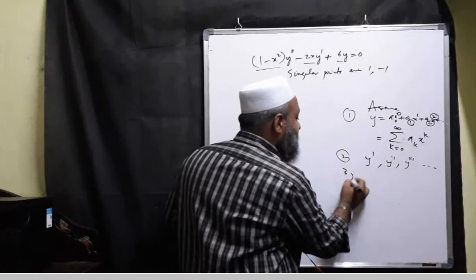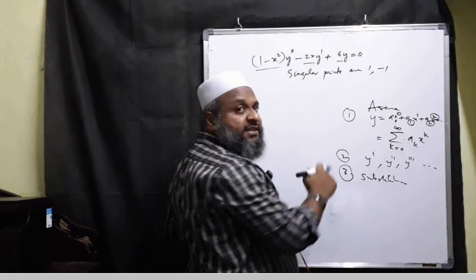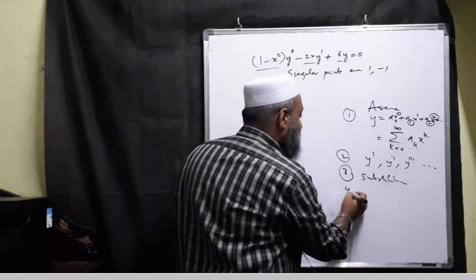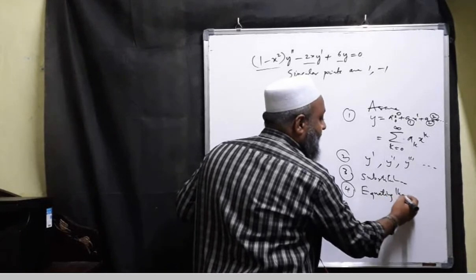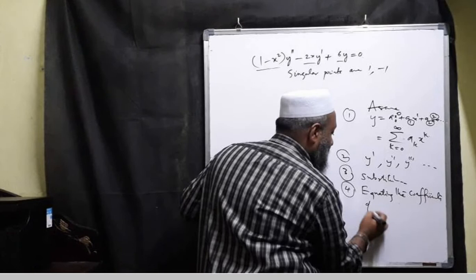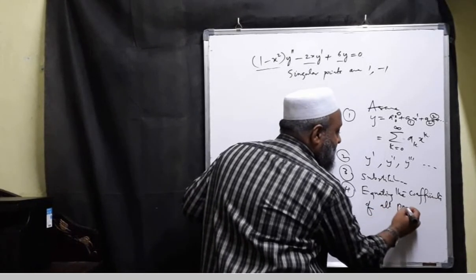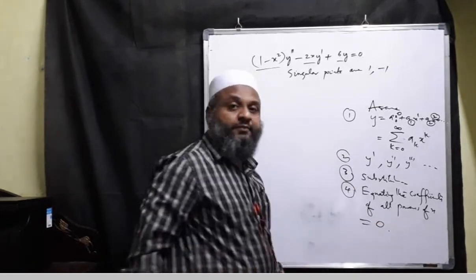And then the third step is substitution into the differential equation. And then the fourth step is equating the coefficients of all powers of x to 0.